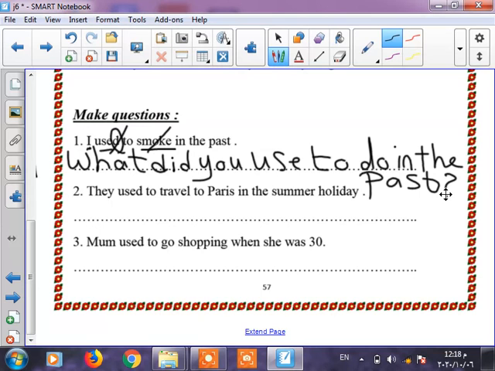So what did, after that the subject, Mom use to what? I cross the action and I write do. What did Mom use to do when she was 30?